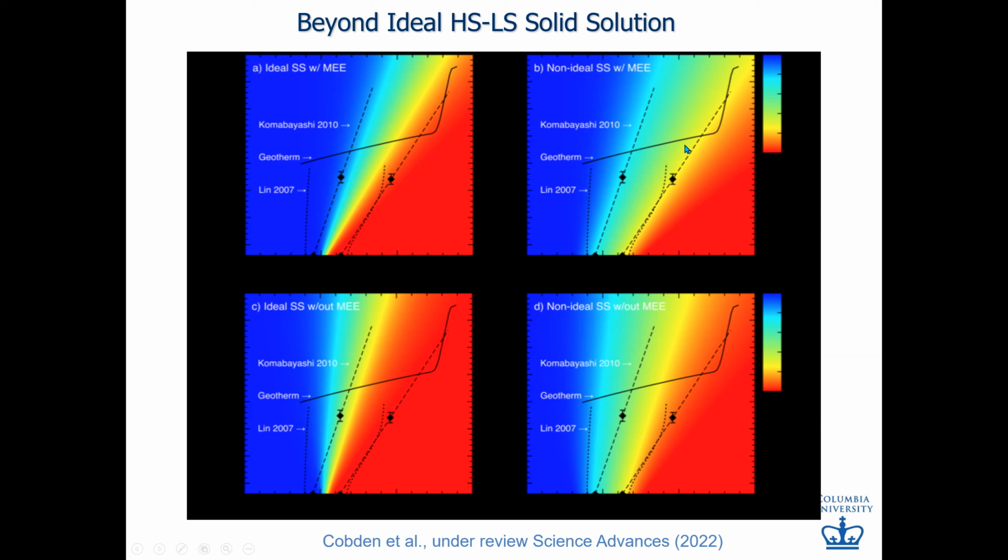Here on this side, we have a non-ideal solid solution where we really computed the excess free energy by calculating all possible configurations of high spin, low spin states in the supercell with 64 atoms and 18.75% iron. So the rainbow broadens considerably at all temperatures for non-ideal systems.